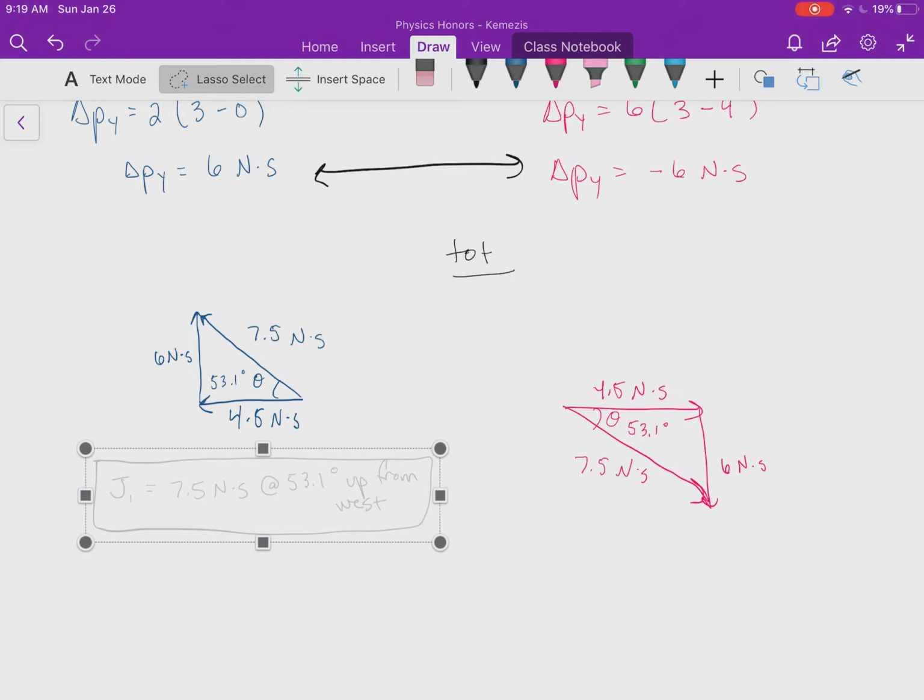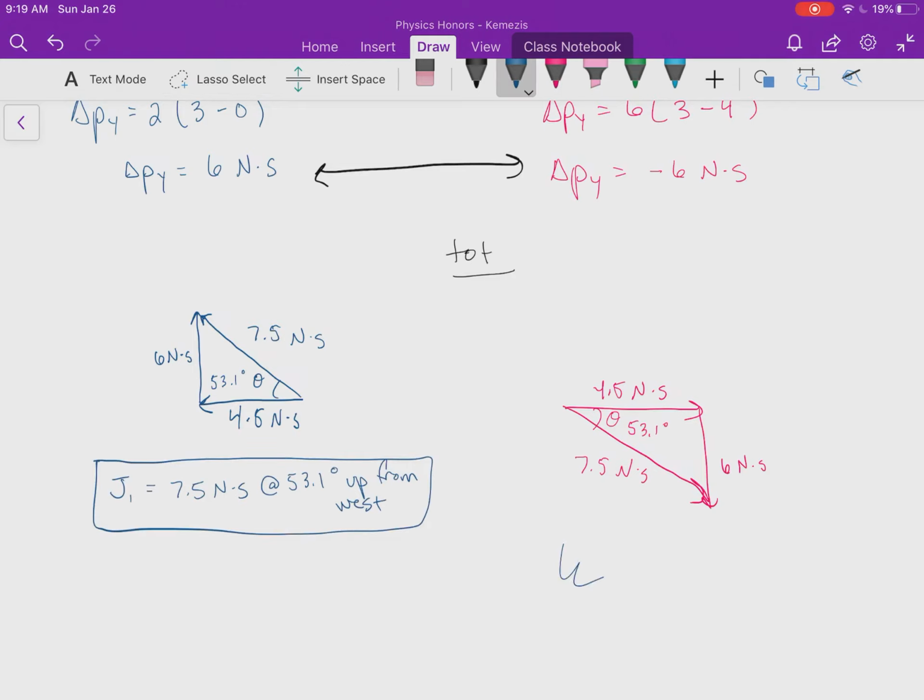But in the end, if you calculate one impulse, then you know the other impulse is the same magnitude, but in the opposite 180 degrees direction. So we have 7.5 Newton seconds at 53.1 degrees.